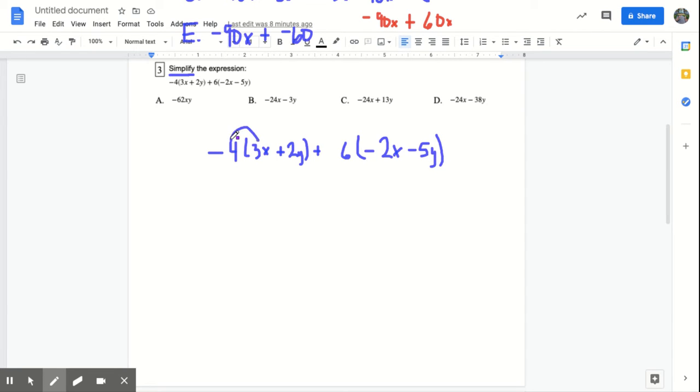We'll distribute the negative 4. Which means to multiply. That plus sign that's in between all these sets right here stays, and then we'll distribute the 6.